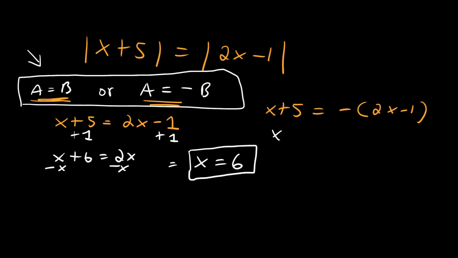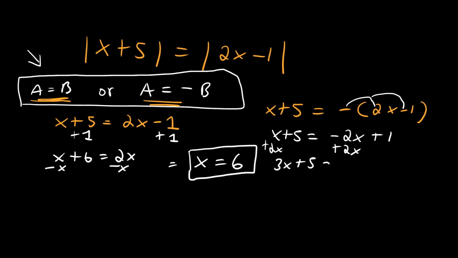Now let's solve for this one. X plus 5 equals, I need to distribute this negative. That will be negative 2x, and negative and negative is a positive 1. Now let's add 2x here and add 2x here. There's 3x plus 5 equals 1. Let me subtract 5 and subtract 5.